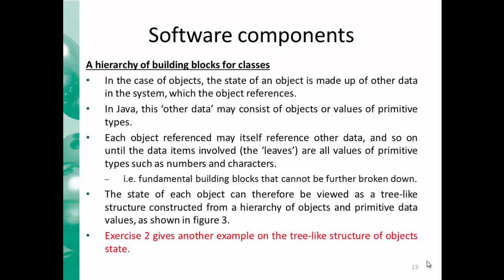Now, when we are building objects, we define the states of these objects. And the state of these objects is made up of other data in the system. In Java, this can be either other objects or primitive data types. So I may build, for example, a class Student. In that class, I have the object student.